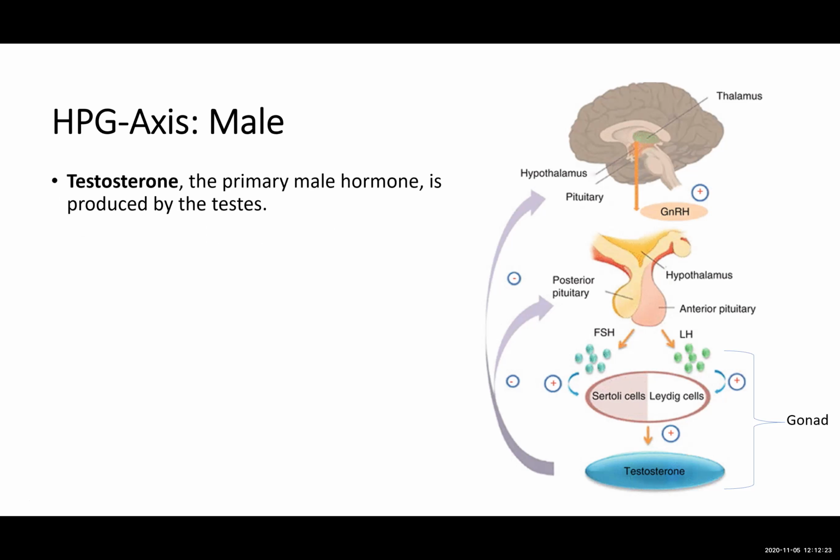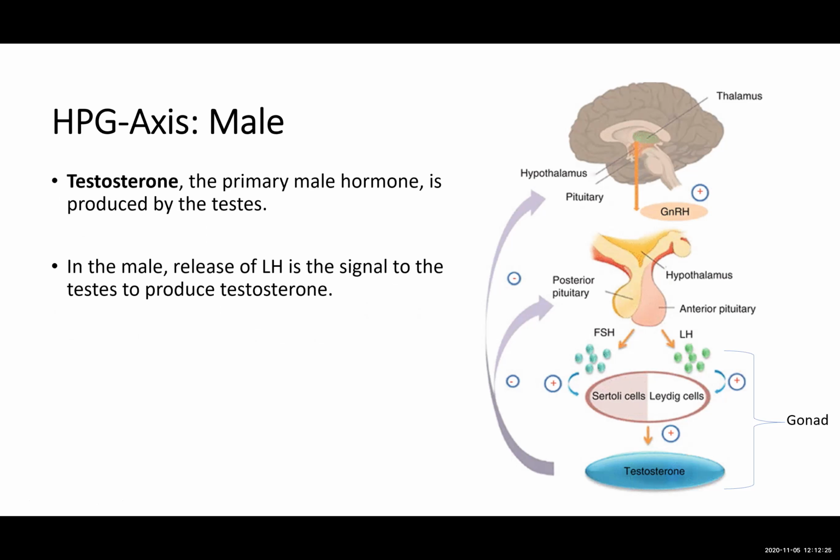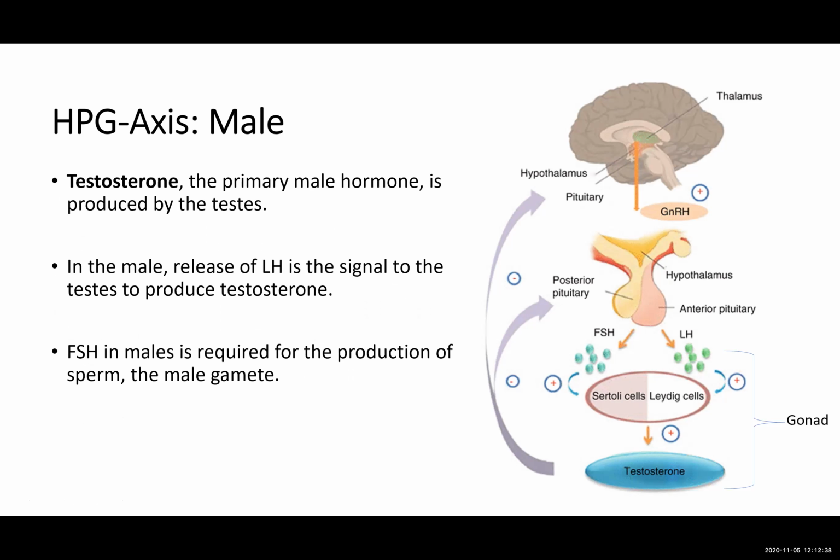Again, testosterone is the primary hormone here, and LH is the main signal for the testes to produce that testosterone. So FSH is important, but LH is that main signal. FSH is required for sperm production.